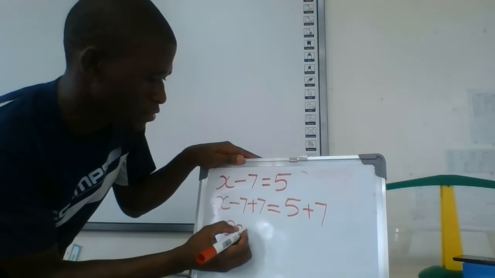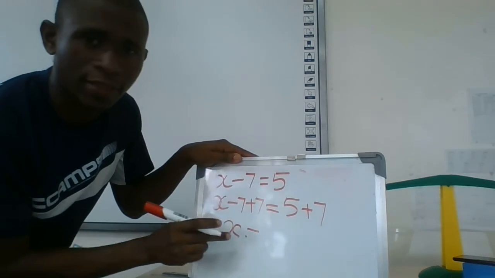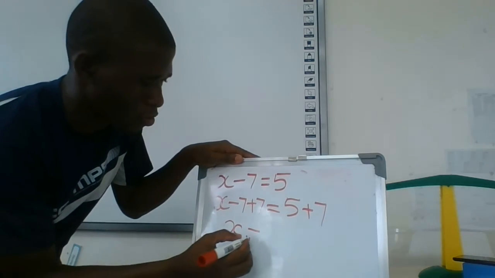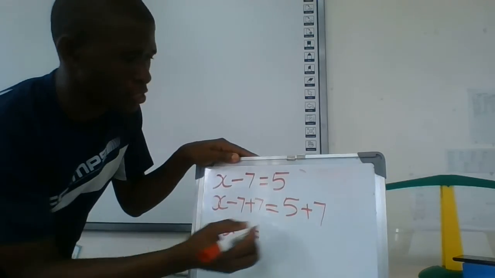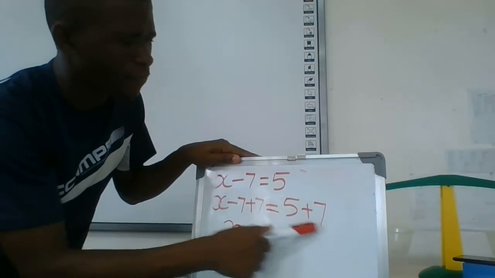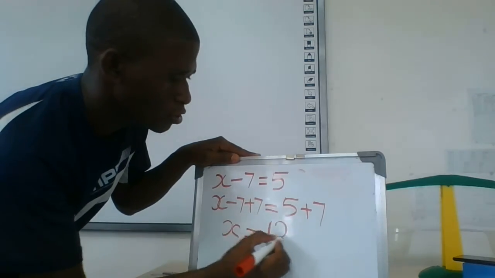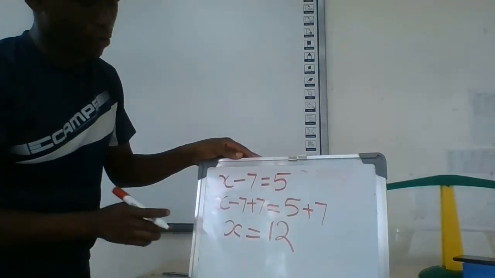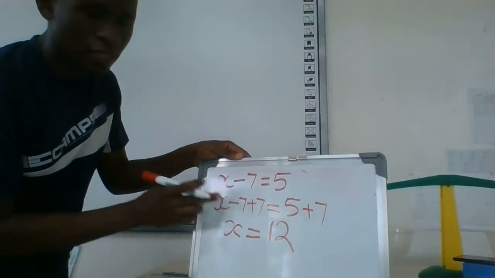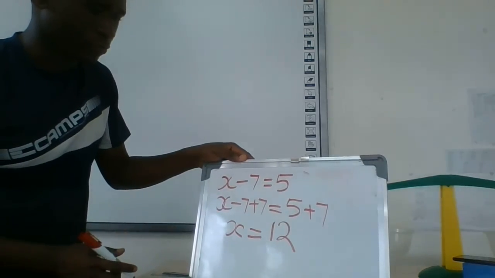So we cannot write the 0 here. We write the x, so we remain with x only. So x is equal to 5 plus 7. This gives us 12. So the value of the unknown number, which is x, is equal to 12.